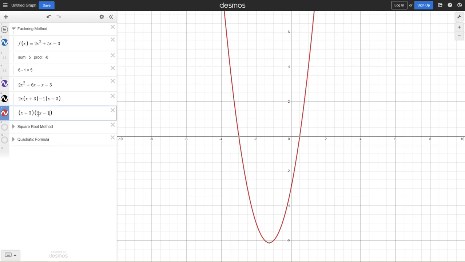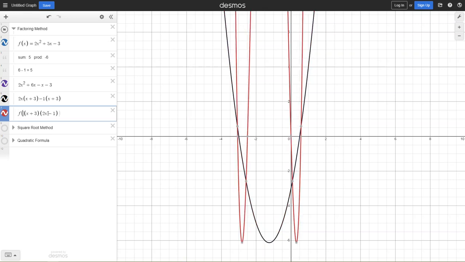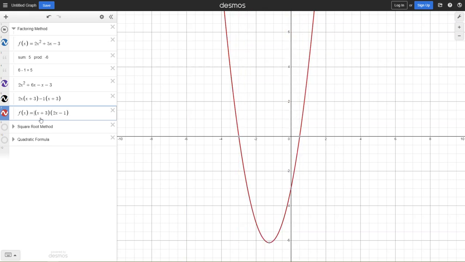So that is now factored. This is the factored form of my function f of x. I'm just going to announce that fact by putting f of x again in front of it. Now I'm fully factored. That's a new way of writing f of x. So I have a few things right here that are showing my work for factoring.